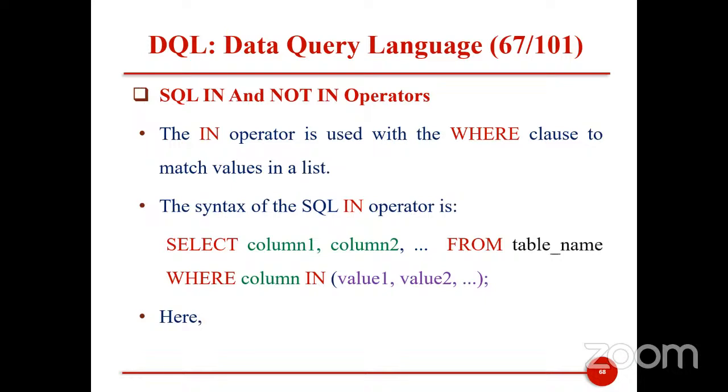The syntax of the SQL IN operator is SELECT column FROM table WHERE column IN values. Particularly, assuming that you want to retrieve the records of all the customers who belong to some category of countries. Is it clear? Maybe Ugandans and Kenyans, whose nationalities are Ugandan and Kenyan, then you can use the IN operator here.